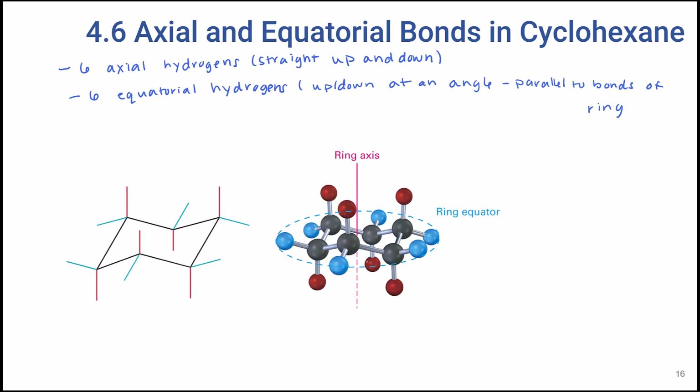So the ring axis is going straight up and down. All of these red bonds here, these red things sticking up, are all axial hydrogens. And then there's the ring equator. Those were the parallel lines that came out at an angle that we drew in the last slide. And those are coming out at an angle to the side. These are all the equatorial ones.